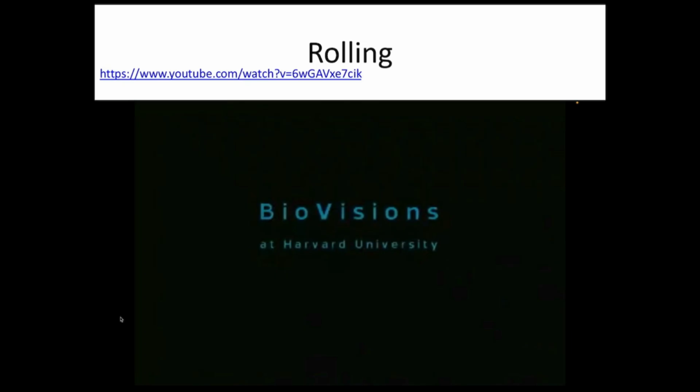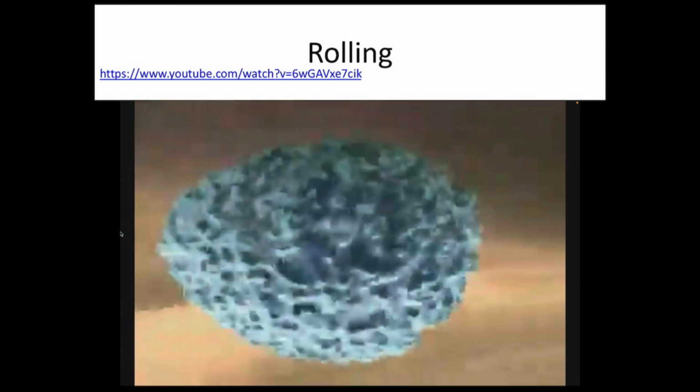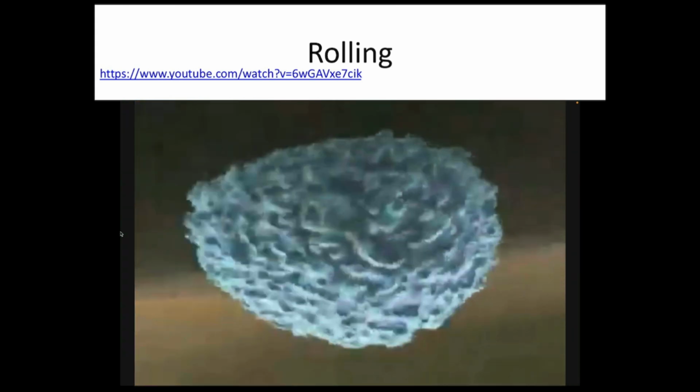And so what we can see in this video is the inner life of the cell. So here we can see a vessel. You can see a bunch of blood cells going really fast, and you can see some white blood cells rolling along the surface.